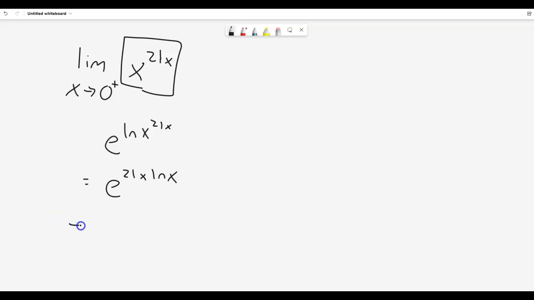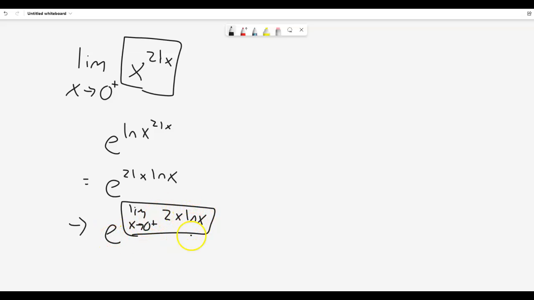So this whole thing is really going to be equal to e raised to the limit as x approaches 0 from the right of 21x natural log of x. Right now we're just computing this limit using theorem 2.12, and then we're going to plug that back in for the exponent of e when we're done.